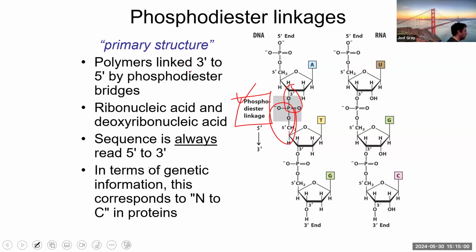So we'll talk about primary structure of proteins, secondary, tertiary, and quaternary structure as well. But we're reading a DNA molecule in the 5' to 3' direction. And so anytime you see a DNA sequence of A, T, G, C, the implication there is that the 5' end is A, 3' end is C.